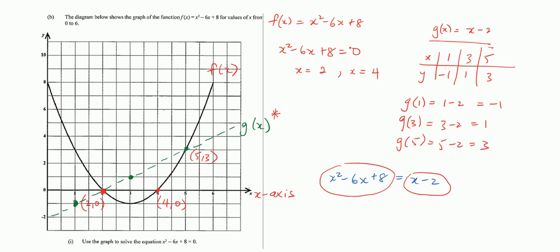Therefore the solution to this equation will be x. Now we don't need the coordinates, we just need the x values of the coordinates. So x is equal to 2 and also x is equal to 5, because these are the points where the quadratic curve intersects the straight line. Okay?